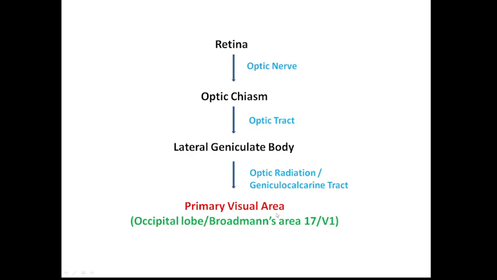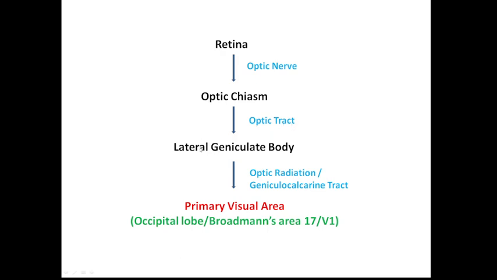Now let us look at the components of the visual pathway. It starts from the retina and goes up to the optic chiasma through the optic nerve, and after crossing over at the optic chiasma, these nerves are now called the optic tract.